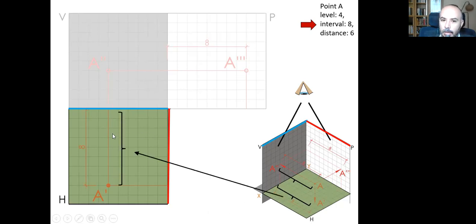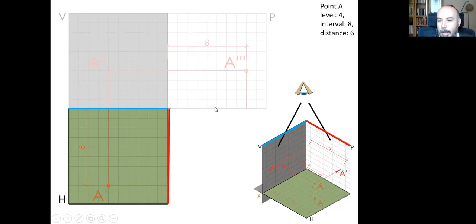right? I need to count 8 squares, and I know that my first projection, A prime, is somewhere on this line, right? And in order to locate A prime, find its true location, I need another length.